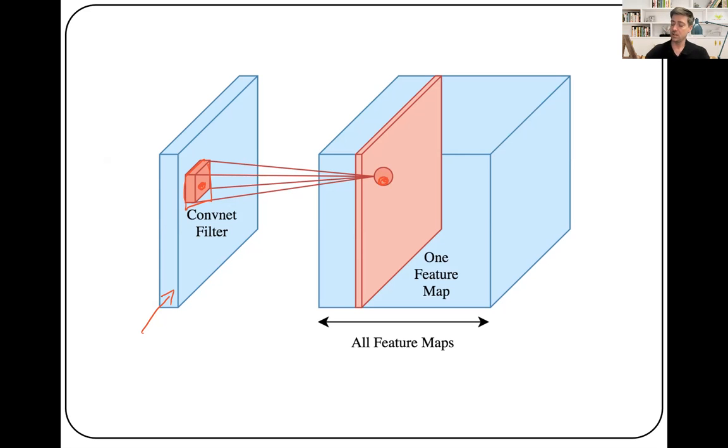And then applying the same filter across the different positions of that image will give us one single feature map. And then if we do the same thing for another filter, for example, a green filter, then we're going to get another feature map at the output.